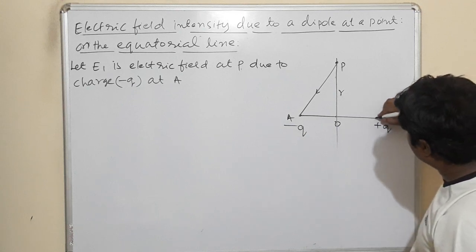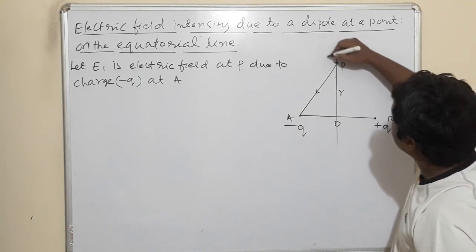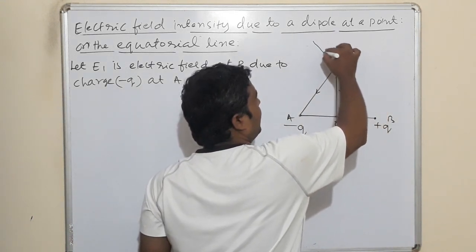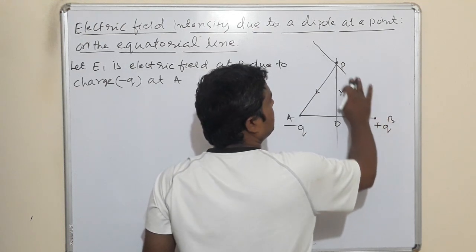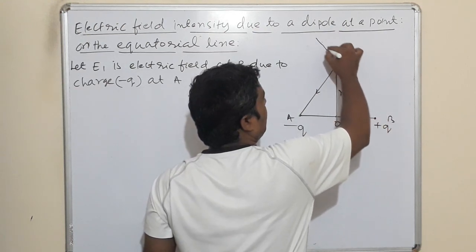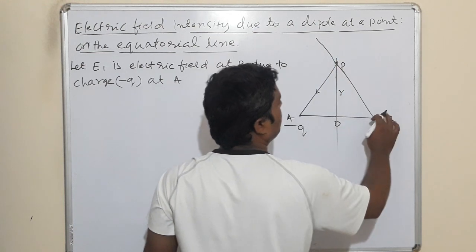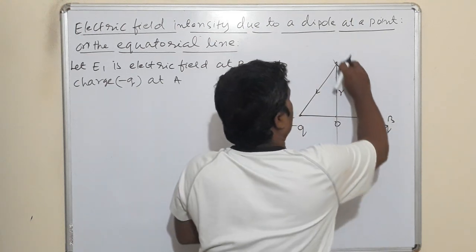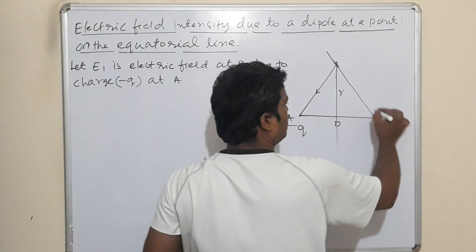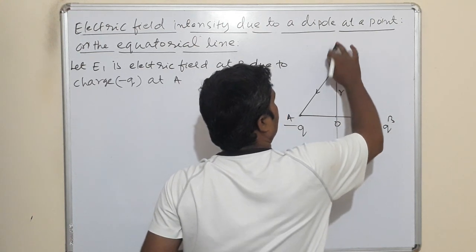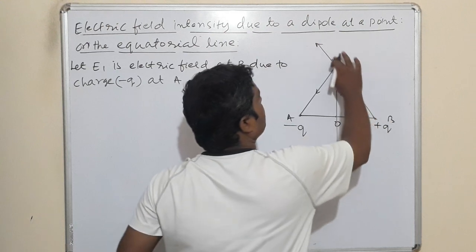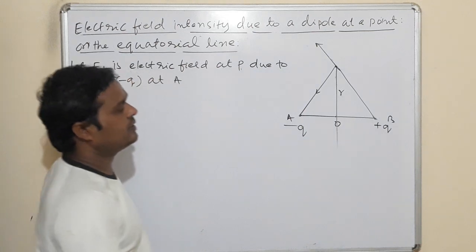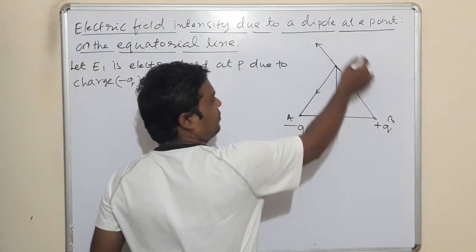Similarly, the electric field due to the other charge at this point. We draw the vectors very clearly. This is the electric field. At this point, this charge is positive, so the electric field will be away from the charge.